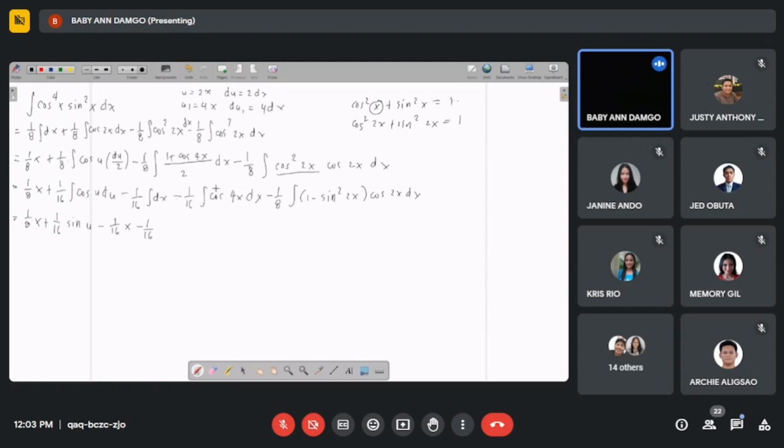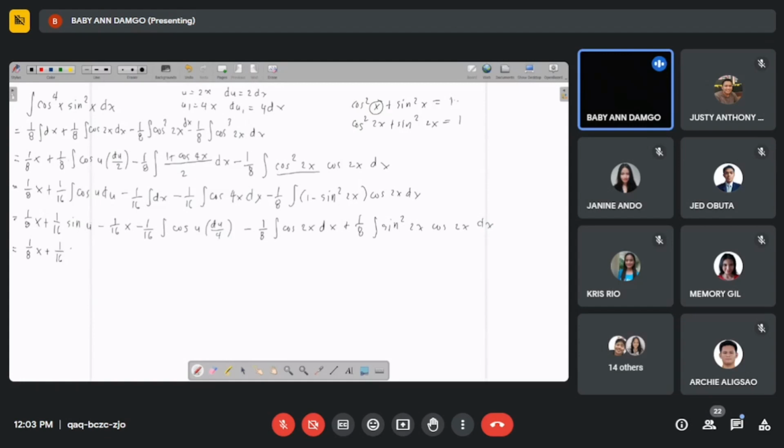So the integration of cosine 4x dx is cosine u, and dx is du over 4. Minus 1 over 8 integration of cosine 2x dx, so negative times negative gives positive 1 over 8 integration of sine squared 2x times cosine 2x dx.